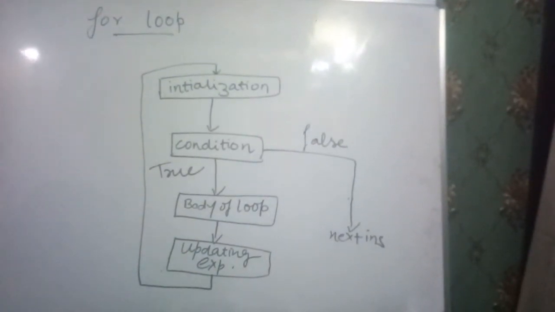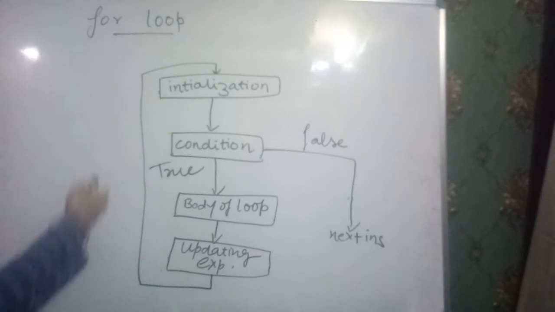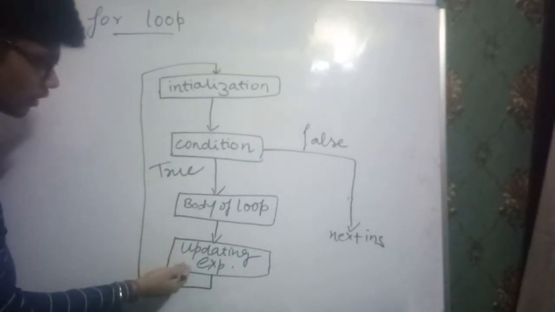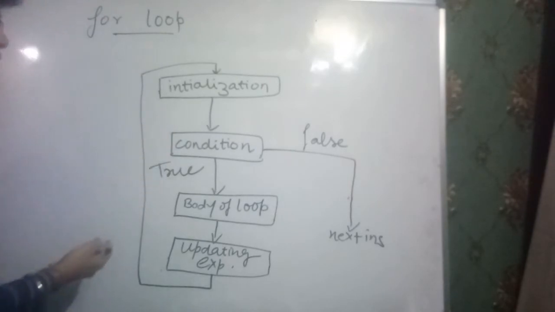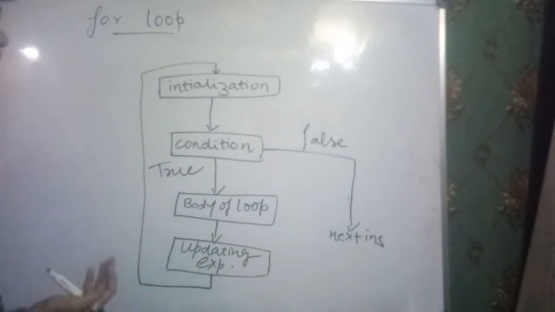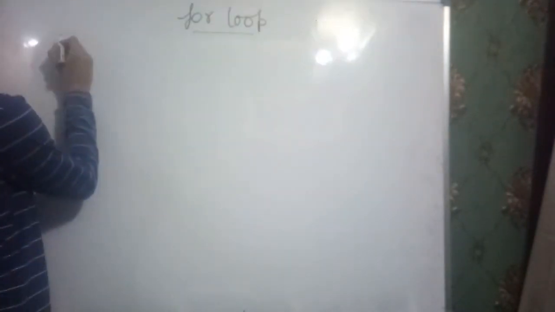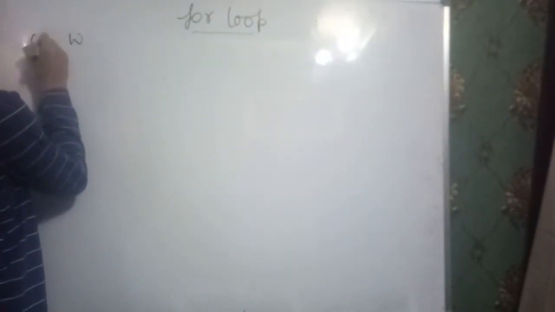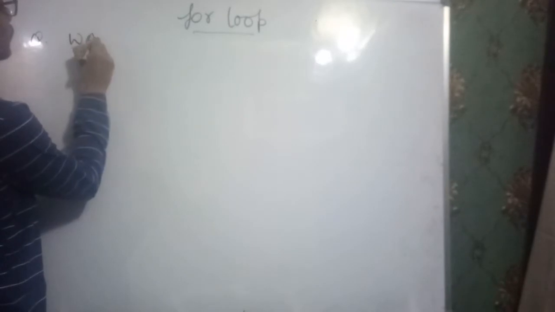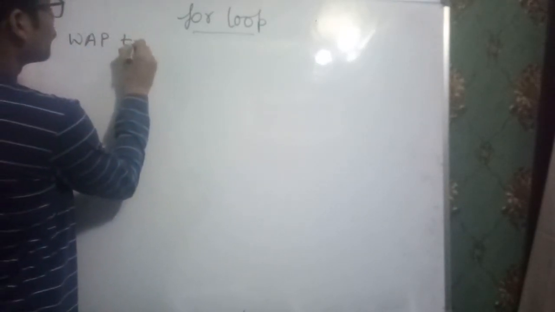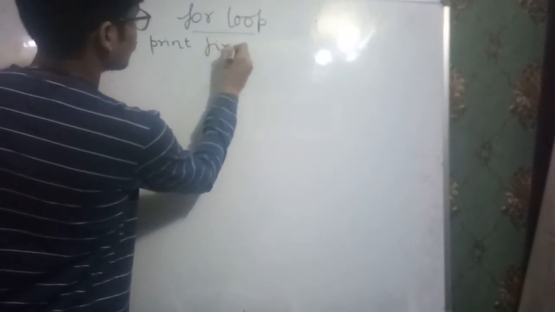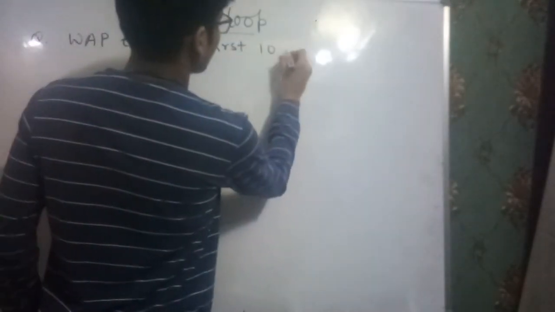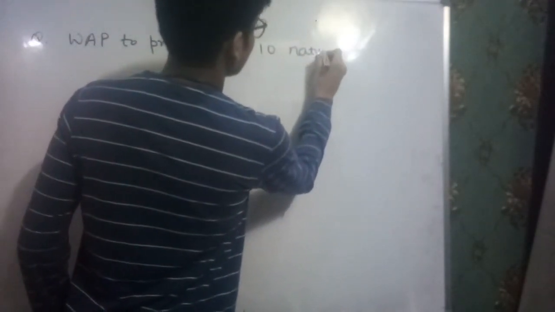So now we will see what comes under initialization, condition and updating an expression. For that we will write one simple code first, and then we can go for further advanced coding. I will write that question: write a program to print first 10 natural numbers.